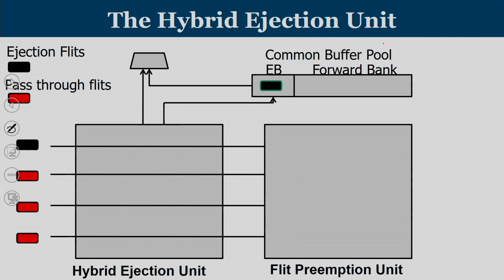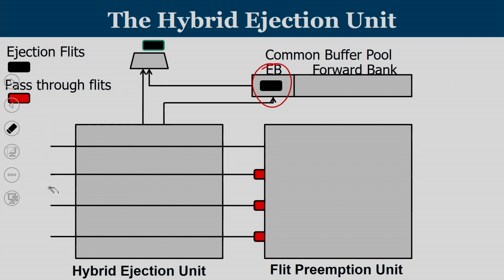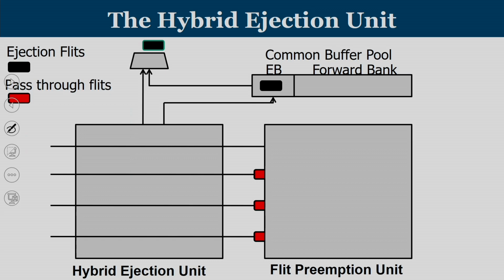Now, consider a scenario where a fluid that came in the last clock cycle is already waiting in the ejection bank of the side buffer, and in this cycle you get one more fluid that is to be ejected. That fluid will go to the ejection bank and the one that was previously there will go out through the ejection port. Now, you have one more scenario where a fluid is already there in the ejection port and you get two fluids to be ejected.